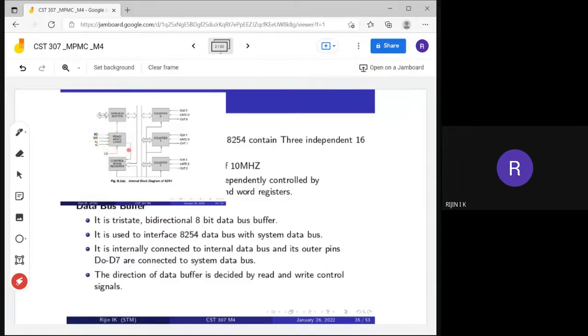That decides whether the data is transferred from the processor to the 8254 IC or from the 8254 to the processor. So that is the data bus buffer.